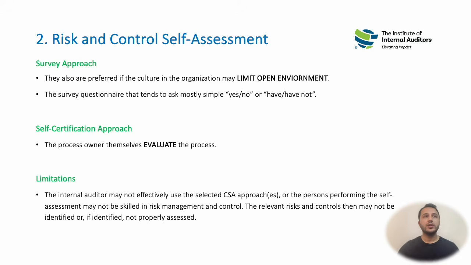We also use the appropriate format, be it objective based, risk based, control based, or process based. So these things we need to take into account whenever we are trying to have the CSA program within the company, and we have to keep on reassessing our results of each activity that we have performed in CSA, to ensure that we are achieving the objective. If not, we have to amend the program accordingly.